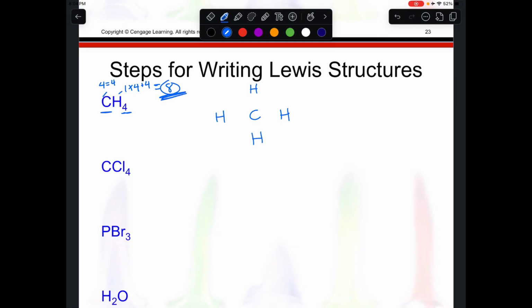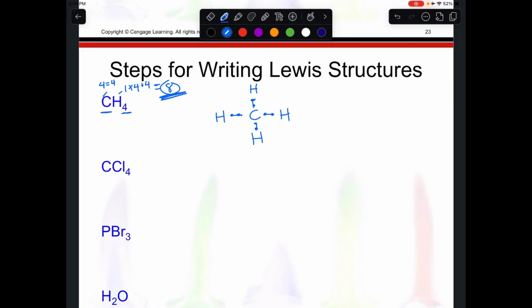So that's when we're going to connect the center atom to the outside atoms. I like to draw them as dots and not lines, because if you start using lines, you're going to not count correctly. So right now I've used 2, 4, 6, and 8. Now, once I have 2 dots, I can connect them and make a line, and it doesn't matter if they look a little funky there. It's just a nice reminder that a line is made up of 2 electrons.